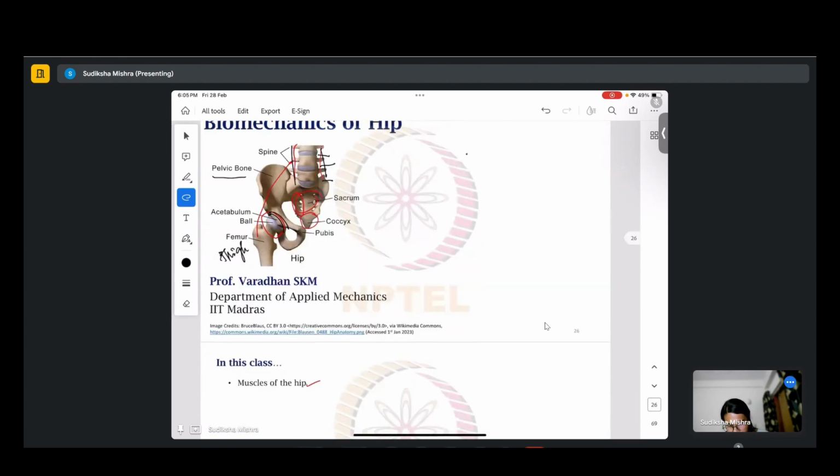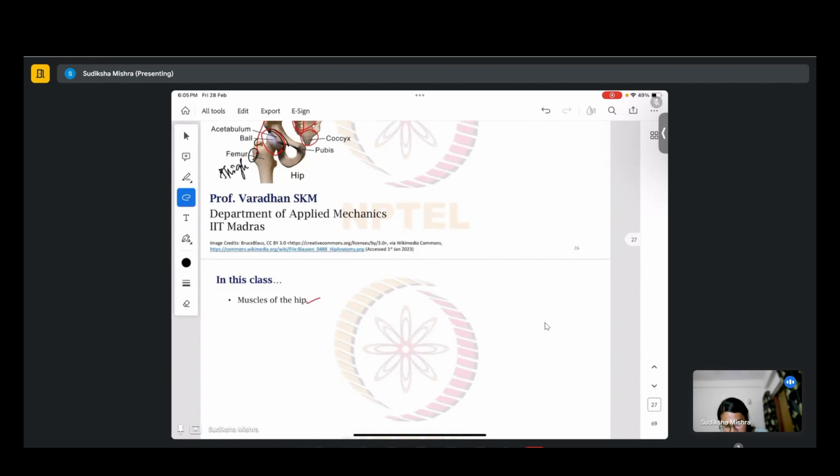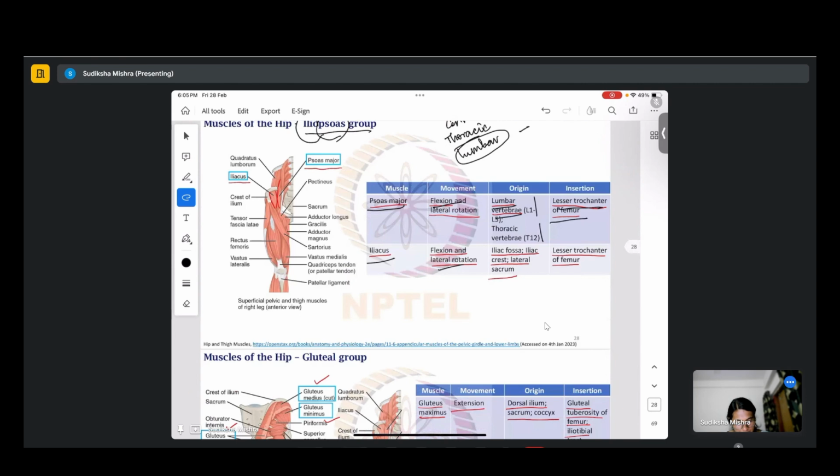The greater trochanter is this. The lesser trochanter is somewhere here. So even though it originates from the vertebral column, it's a very big muscle, and goes on until the femur.